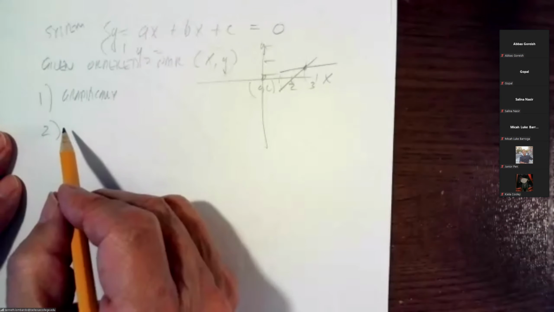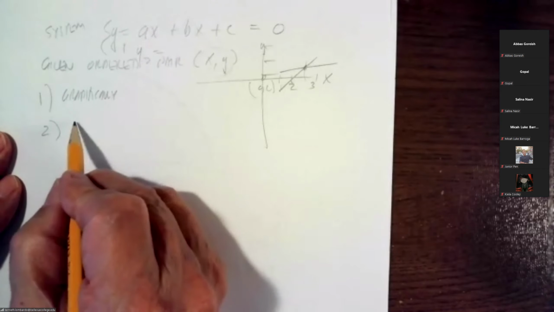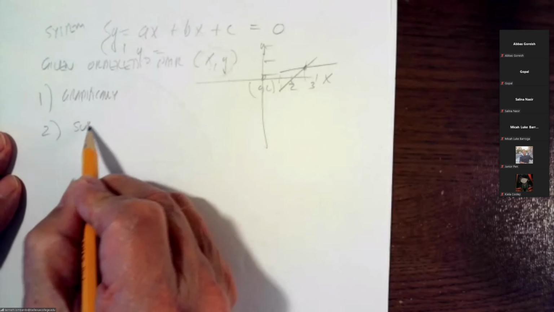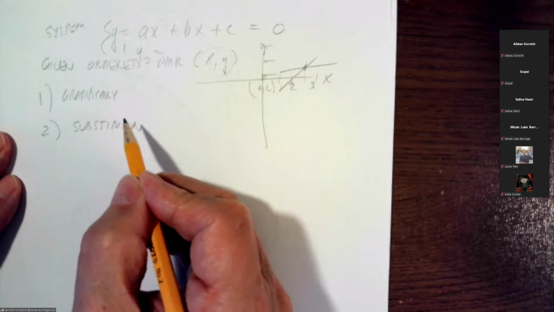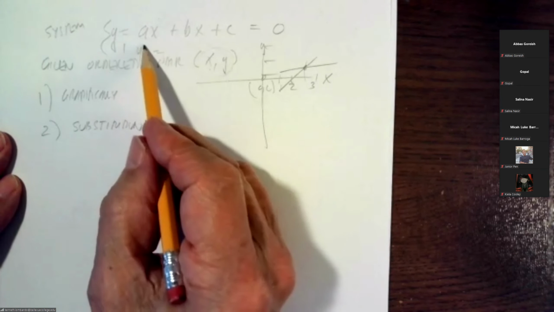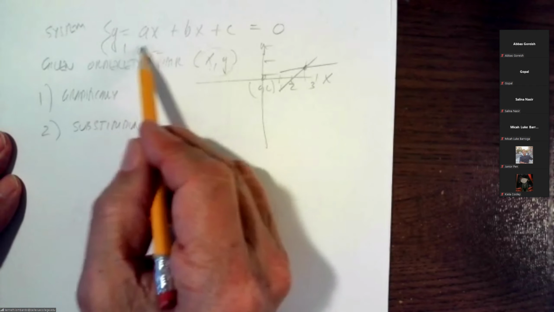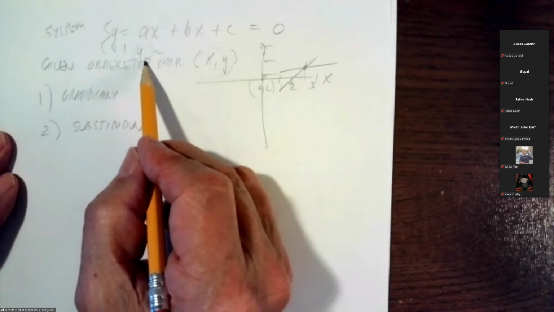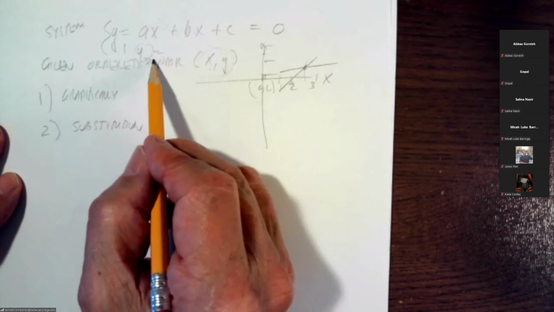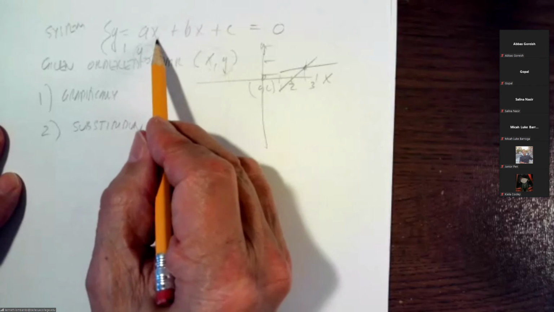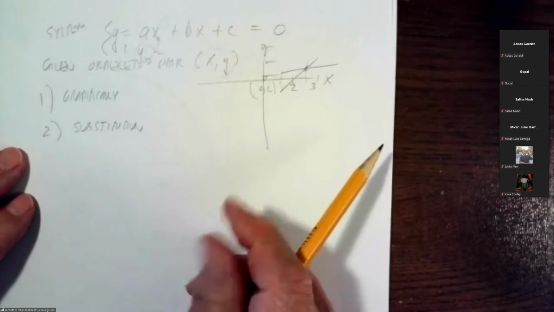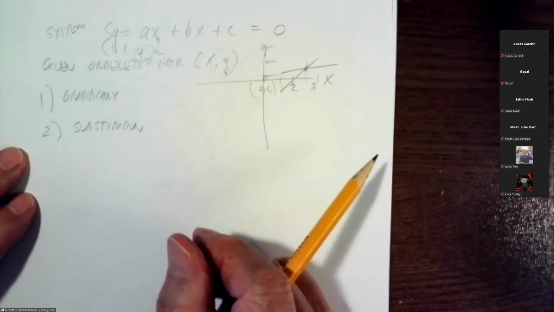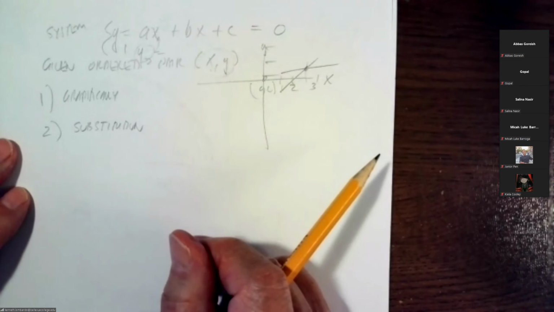Another possibility is to use the substitution method. And that's where we would solve one equation, say solve for the y value, and plug it into the other equation. I'll take you through some examples of what that might look like. That is a realistic approach.